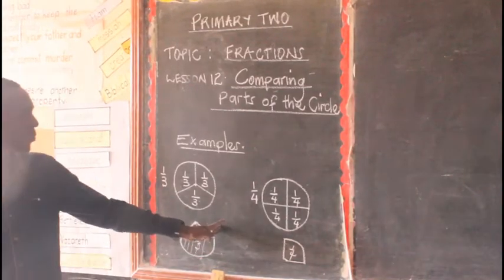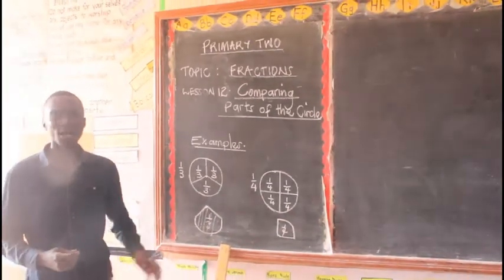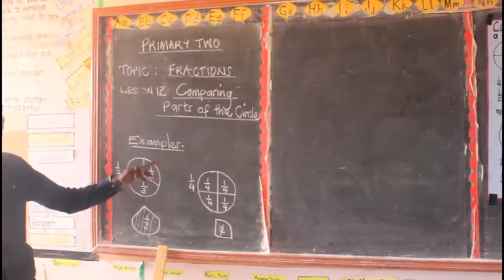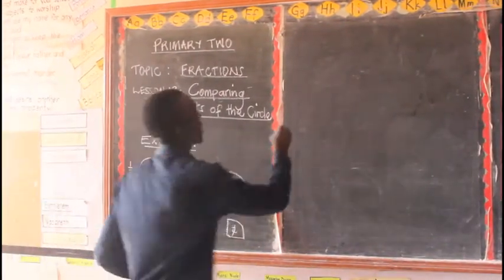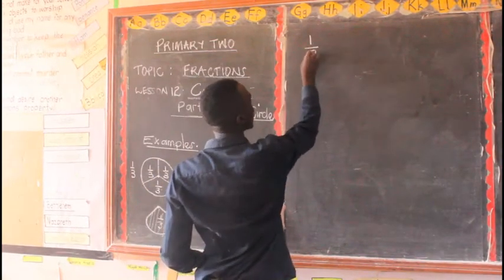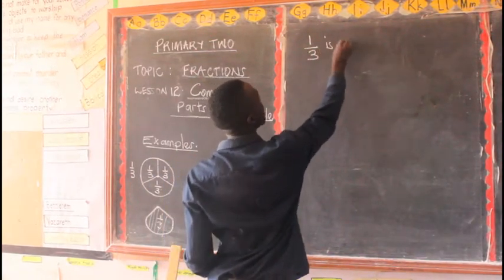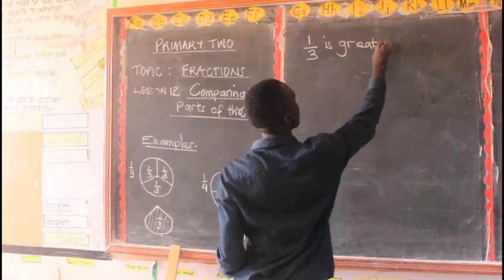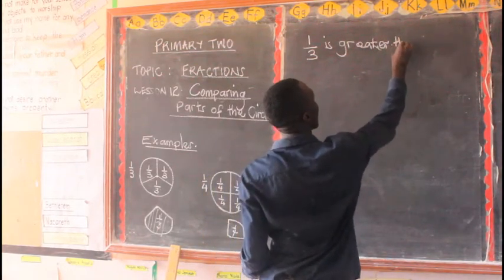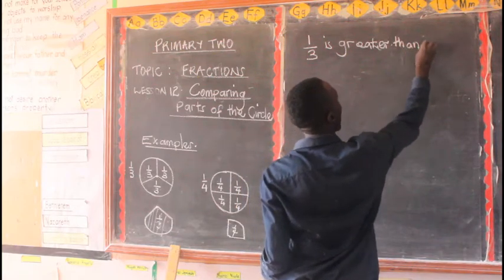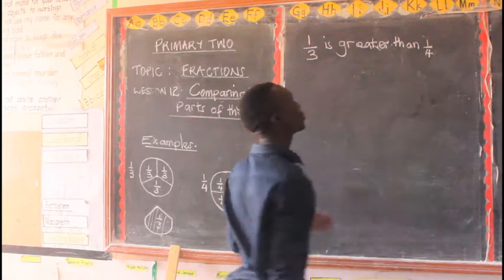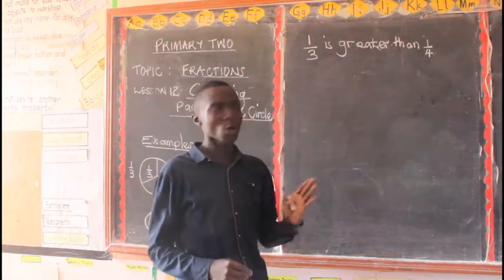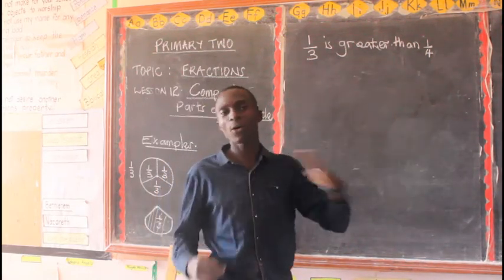From here, we shall see and understand that a third is greater than a quarter. We shall say a third, or 1 out of 3, is greater than a quarter. 1 out of 3 is greater than 1 out of 4.